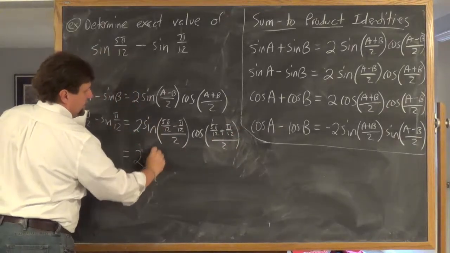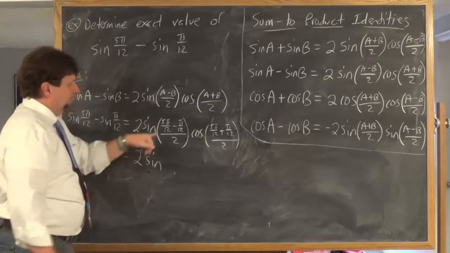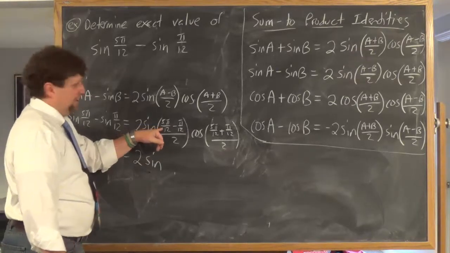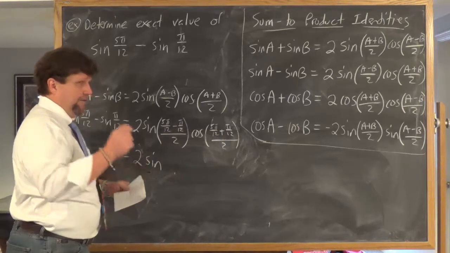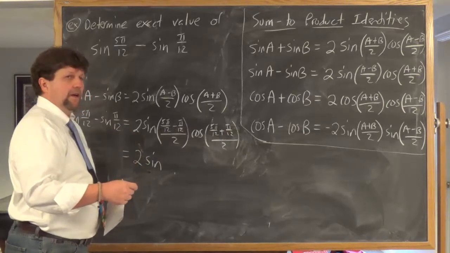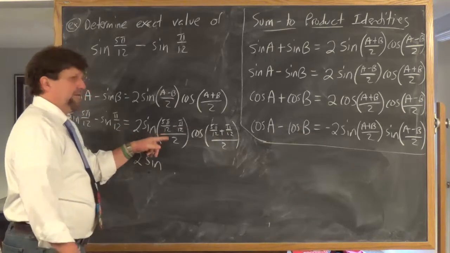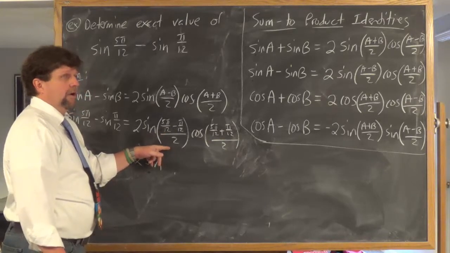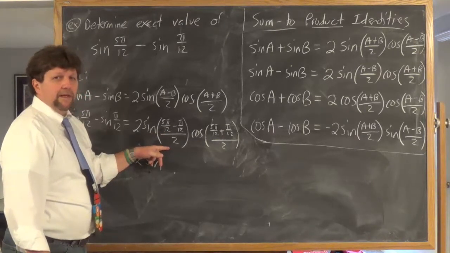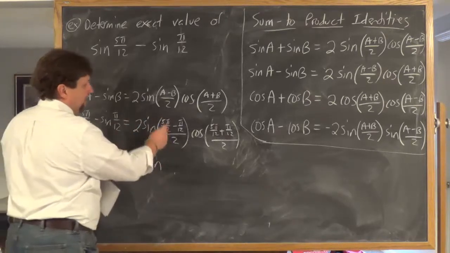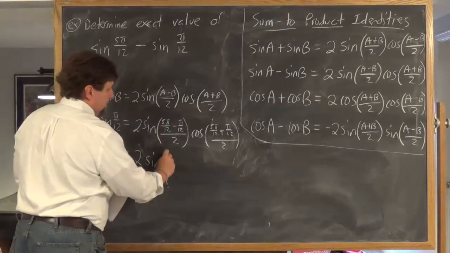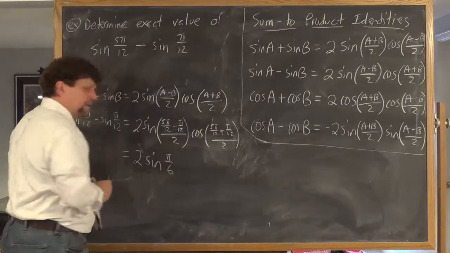Now just continuing and cleaning up, 5 pi over 12 minus pi over 12, that's 4 pi over 12. 4 pi over 12 divided by 2, that should be 2 pi over 12. 2 pi over 12 reduces down to pi over 6.